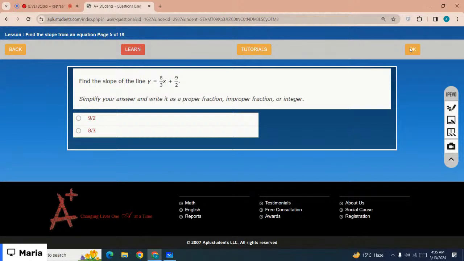Find the slope of the line y equals 8 over 3x plus 9 over 2. So, which is the correct option?